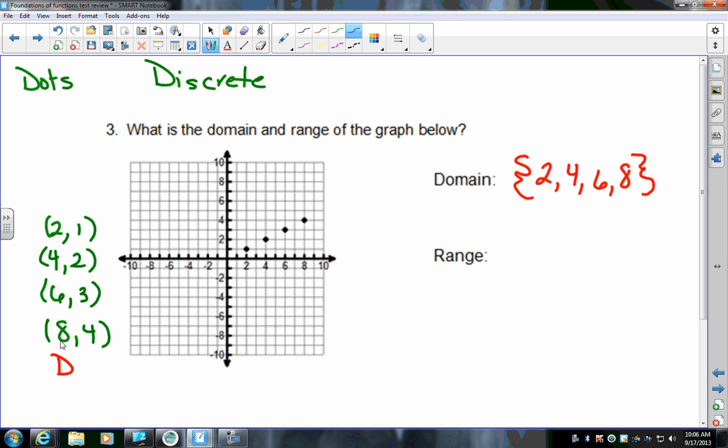My range are my y numbers. Again, in set notation. I have 1, 2, 3 and 4. That's what you're doing when you're writing domain and range when it's discrete.